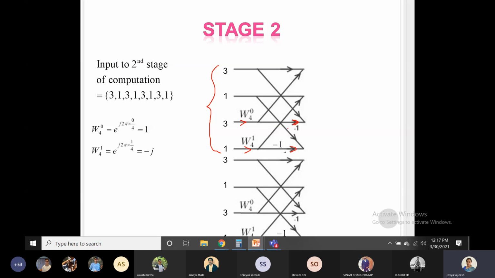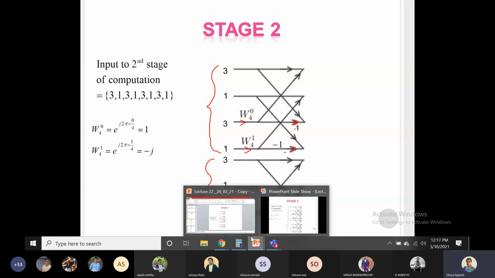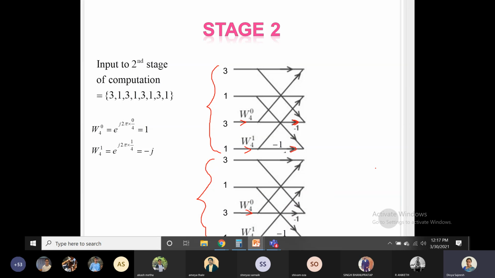Similarly for the next set, in the third input you multiply with W4 raised to 0, and in the fourth with W4 raised to 1, and the third and fourth also with -1. These are the changes you have to make in stage 2.